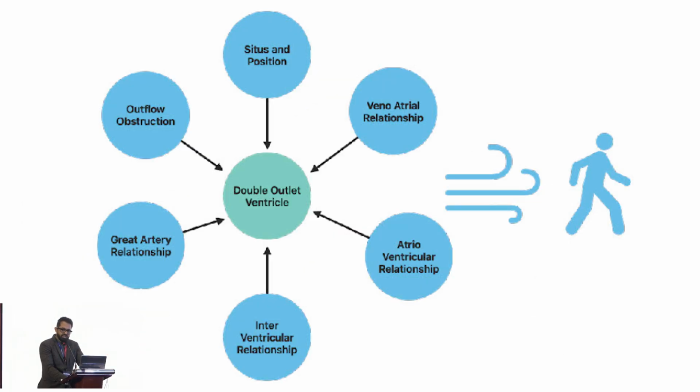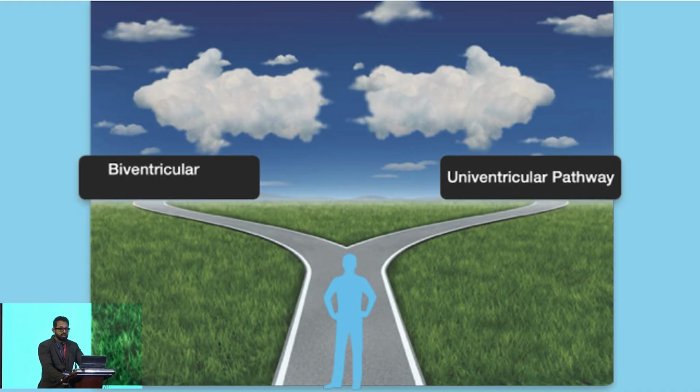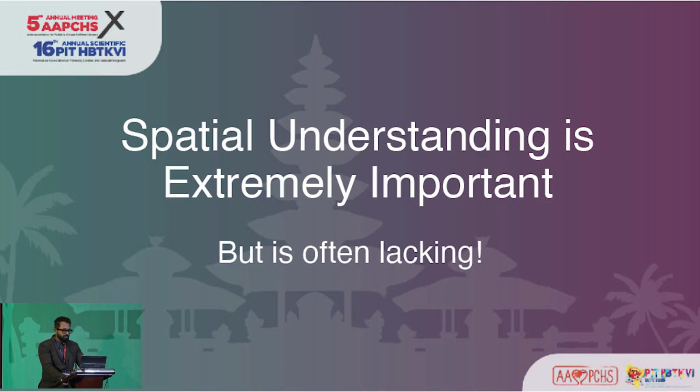In addition to the ventriculo-arterial connection abnormalities, these patients could also have abnormalities of the cardiac situs and position, veno-atrial, atrioventricular, and interventricular relationships, the great artery relationships, and also the presence or absence of outflow obstructions. All of these combine to contribute to the patient's physiology and also the treatment approaches, whether we are taking the biventricular approach or the univentricular pathway.